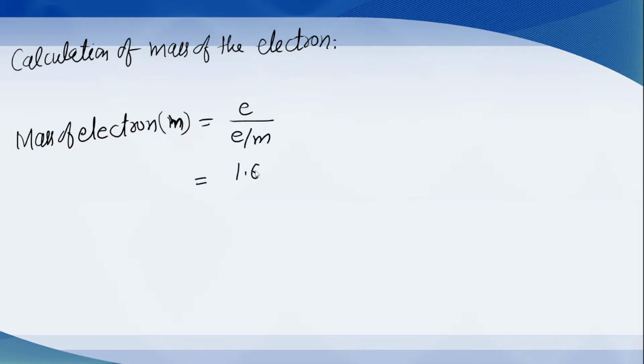So from these two experiments, we can calculate the mass of the electron, and the mass of the electron, that is small m, is equal to e divided by e upon m. So, you know, e is 1.602 into 10 raised to minus 19 coulomb, and the charge to mass ratio is 1.76 into 10 raised to power 8 coulomb per gram.